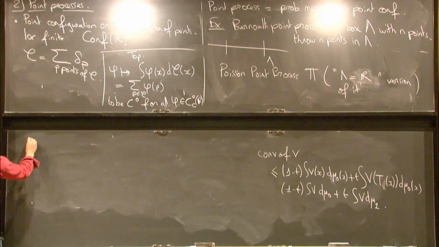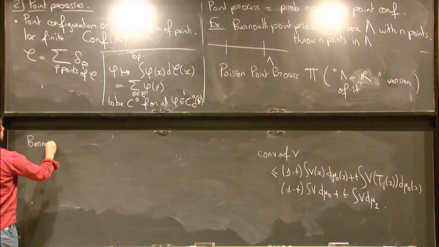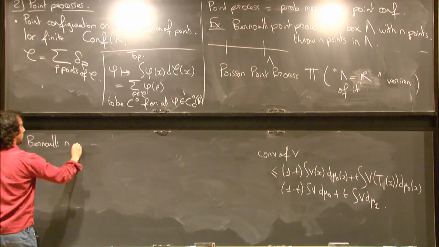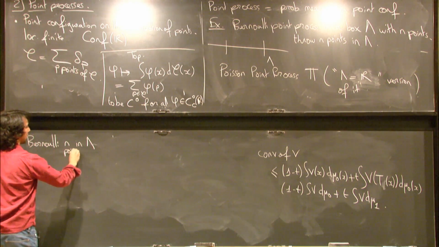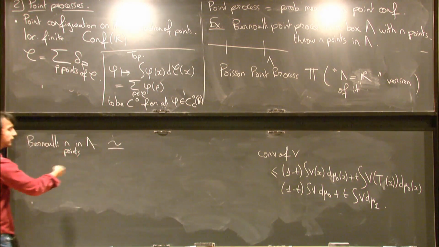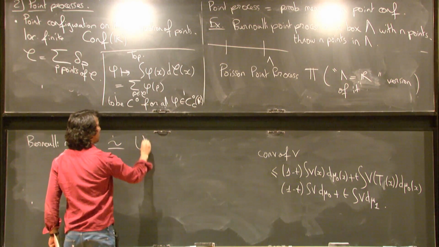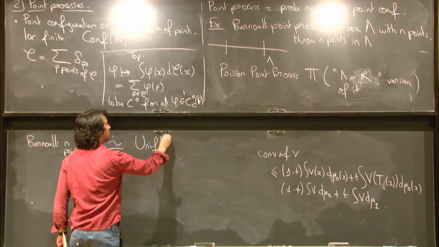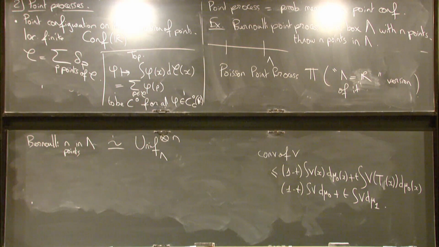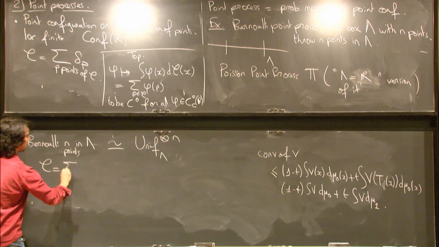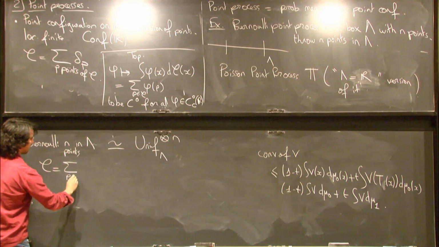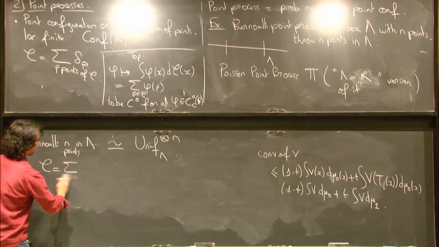And in fact, Bernoulli with n points in lambda is kind of isomorphic, this is not a formal statement, to the uniform measure on lambda to the n-fold. And I can describe the isomorphism if you want, as if you give me a configuration here, sorry.